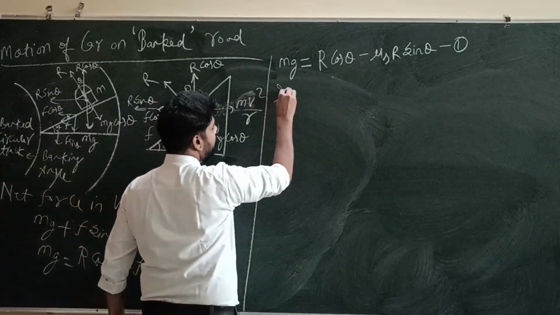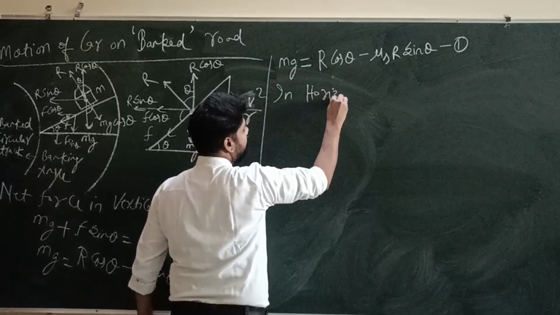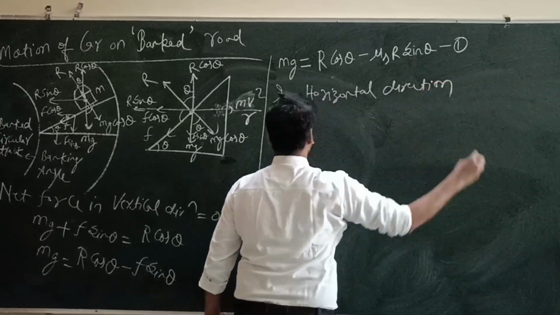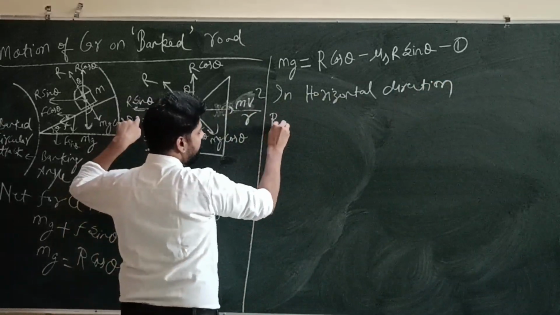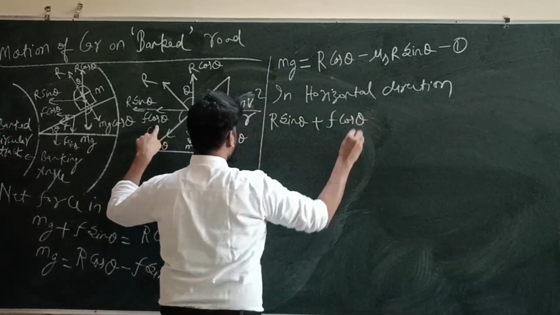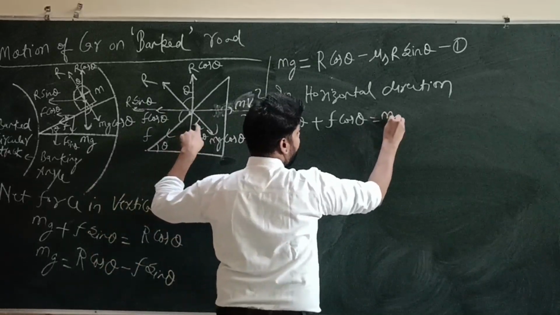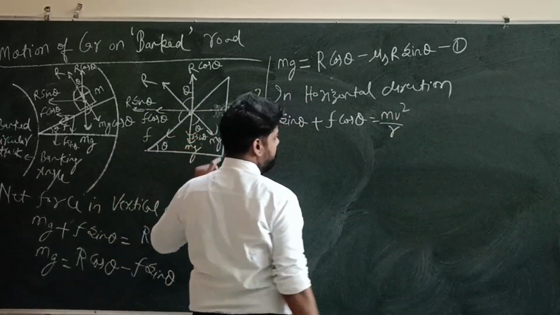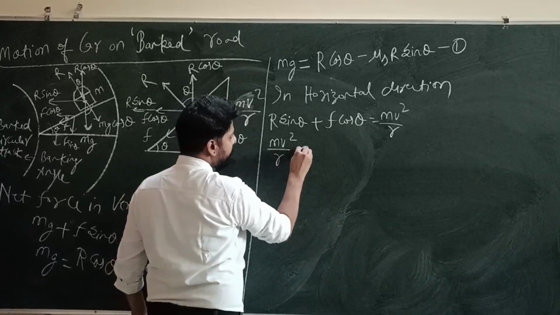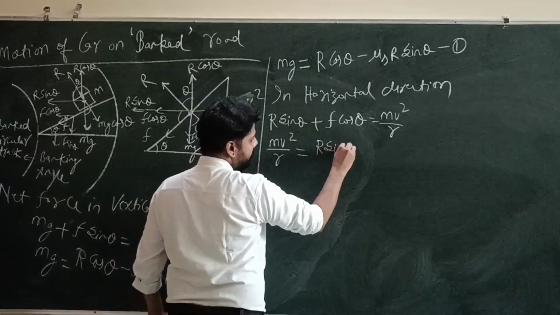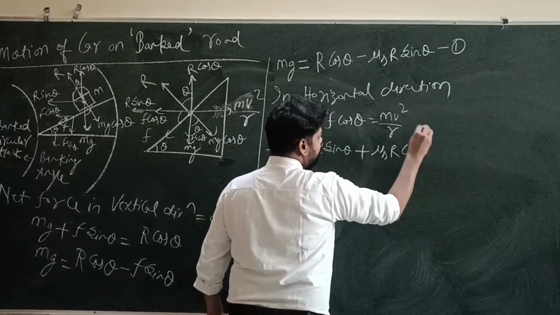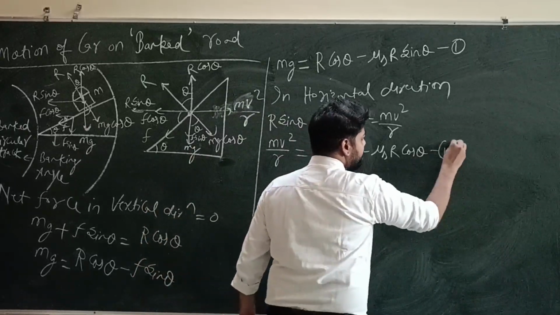In the horizontal direction, R sin theta plus f cos theta equals mv square over r. We can write it as mv square upon r equals R sin theta plus mu s R cos theta. This will be the second equation.